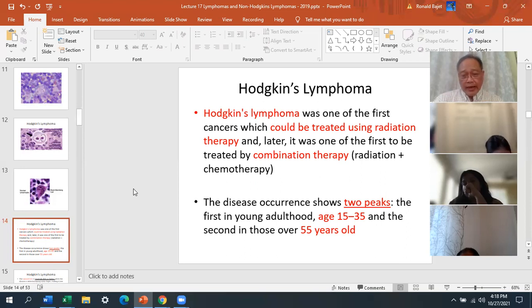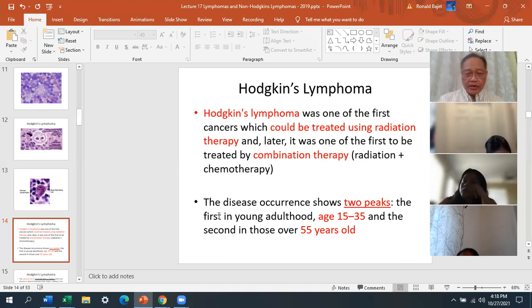But unfortunately, later on, and this is characteristic of this type of lymphoma, a second peak will show up after 55 years of age. It'll show up again. So it shows up in two peaks. The first one is between the age of 15 and 35, and the second peak, it'll show up again after the age of 55.